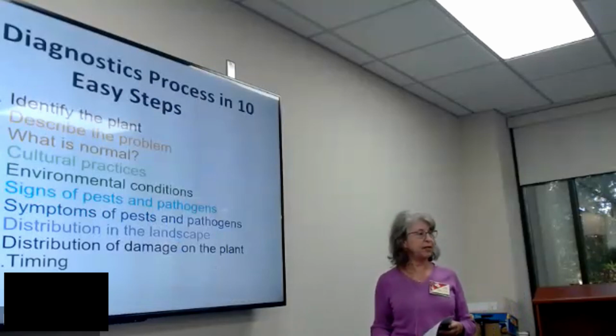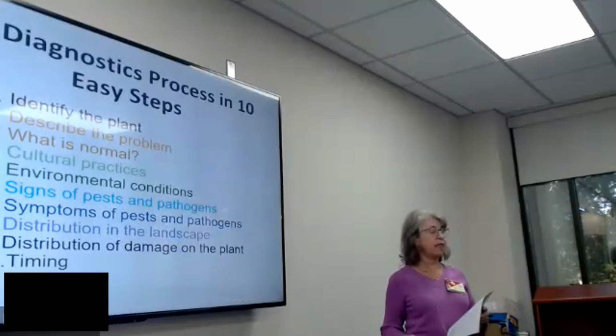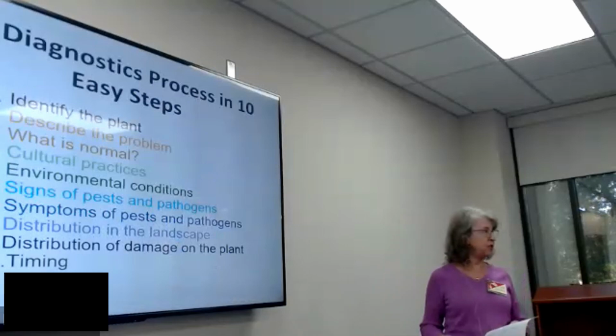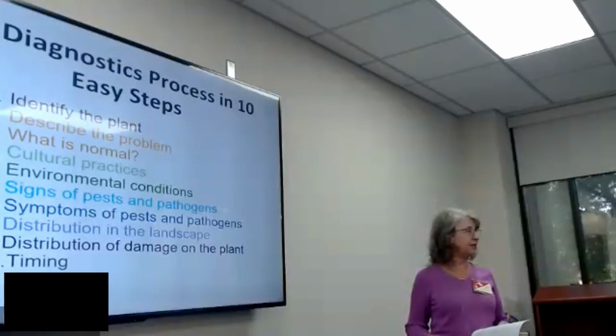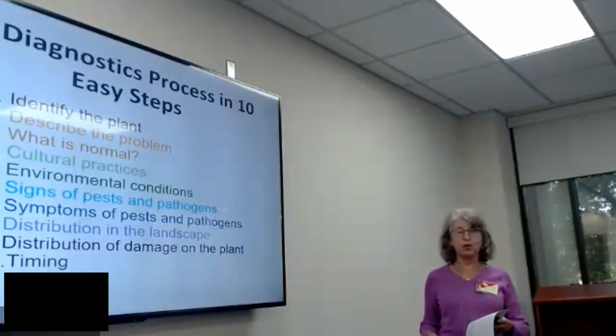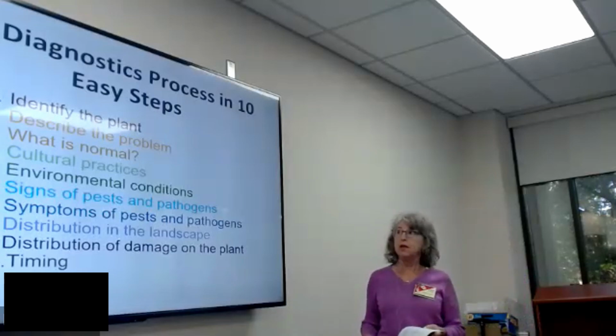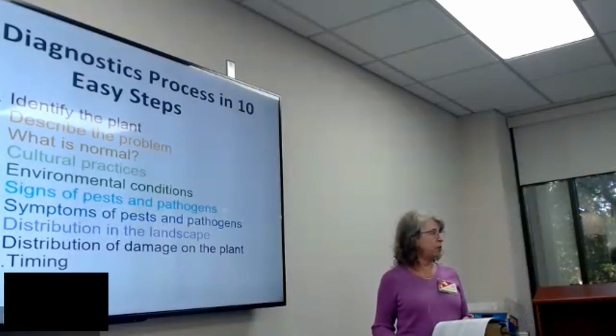They are identifying the plant. That is the number one thing you need to do: know what plant you are working with. So you need to ask questions and make sure that the person asking about their problem knows what they're dealing with. Just have them describe the problem. Know what's normal.